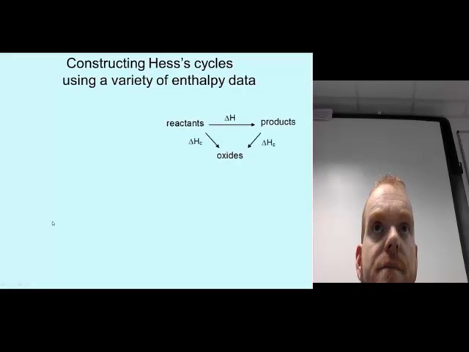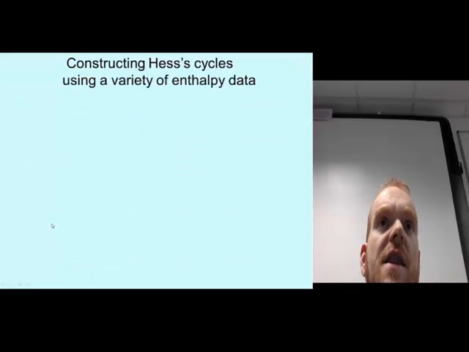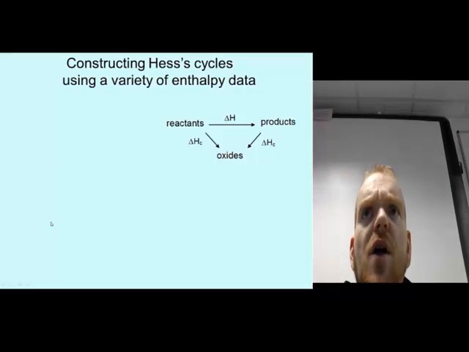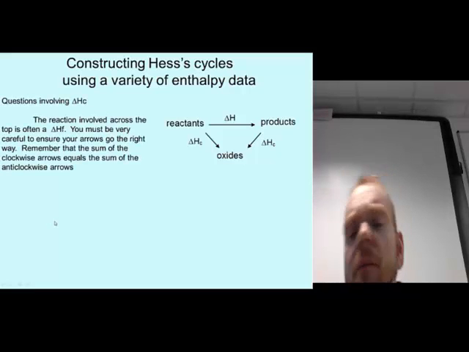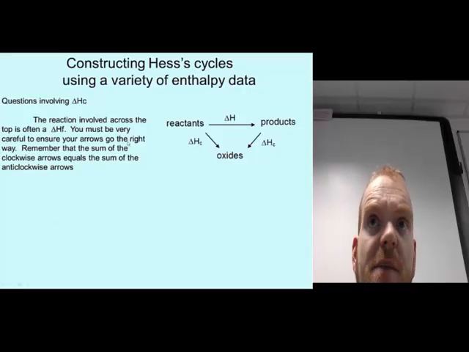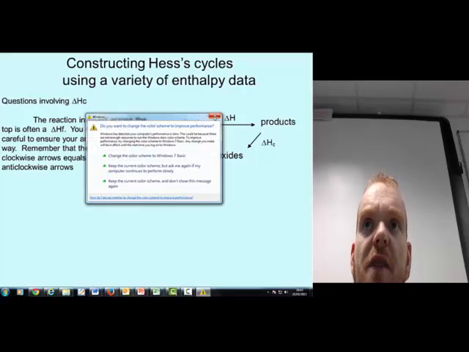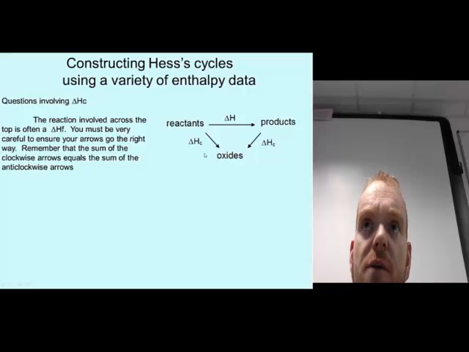We can look at this in a variety of contexts, and we can also use it for questions involving the enthalpy of combustion, except this time, instead of starting off with my elements, my enthalpy of combustion is the energy required to completely combust my reactants in plentiful oxygen. So for my enthalpy of combustion, the arrows are going to go down this time.